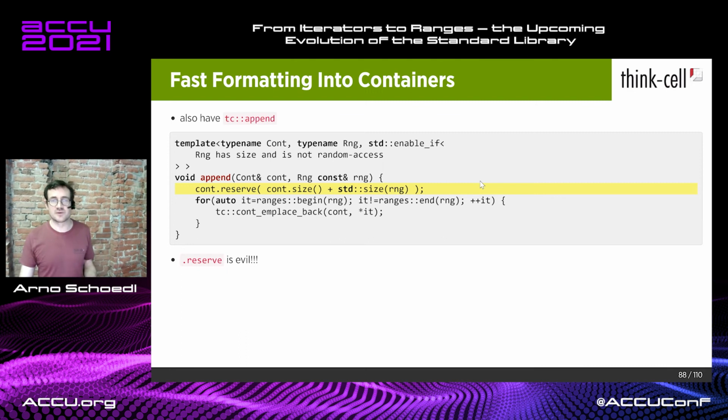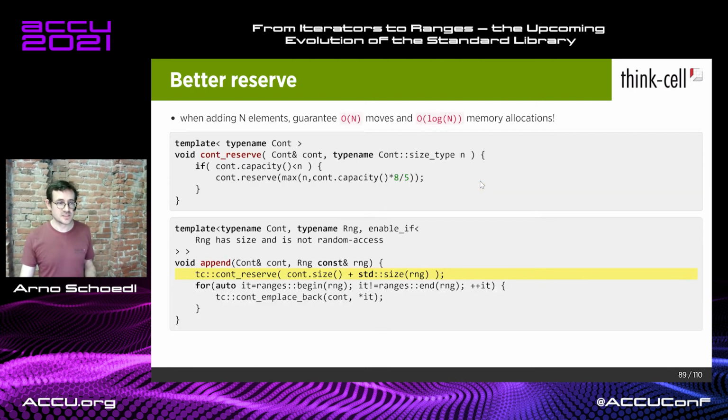And so I think we first need a better reserve. Reserve is broken. So let's write a better reserve. Let's say, if we have a reserve and the capacity is not enough, then make sure that the current capacity is increased by a fixed factor, at least. So that even if you are inserting things one by one, you don't get these crazy reallocations.